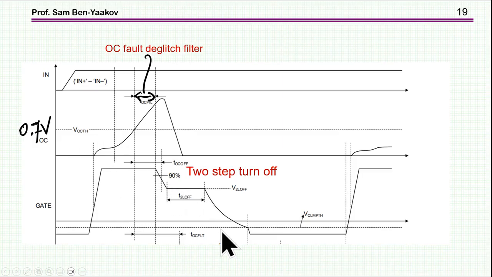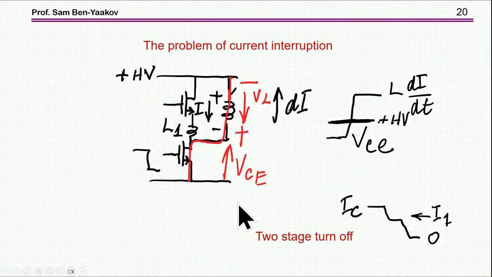But notice that in this particular driver, it doesn't go down immediately, but rather in 2 steps. If you turn off the gate very quickly, you turn off the current very quickly, and then you're going to have a very large voltage due to the di/dt of this high current.